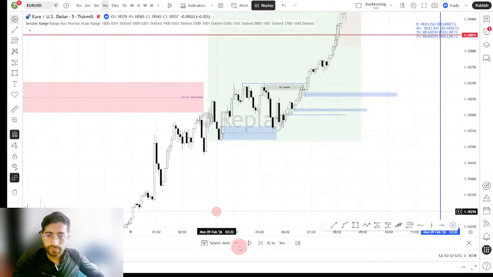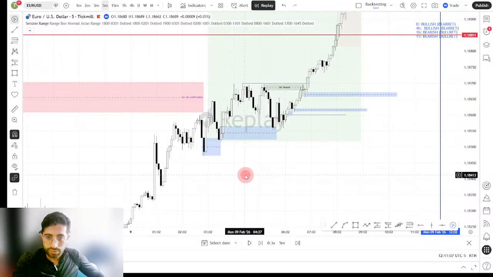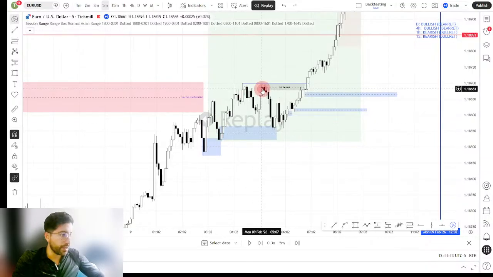Well, since I don't execute any orders in London session, we didn't have the chance. But in London, there was opportunity. The price entered in this order block, it pushed up. Here, it made an order block trump, and then continued going down.